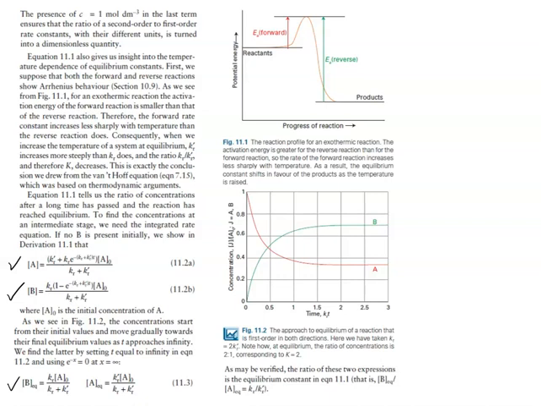Or alternatively, the concentration of A at equilibrium is equal to K prime times the initial concentration of A divided by the sum of K plus K prime.